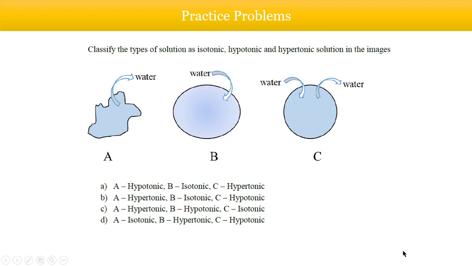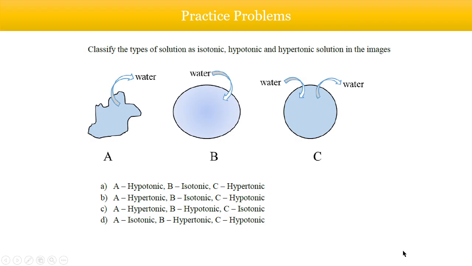So B is hypotonic. Isotonic is a solution with the same solute concentration as the cell's cytoplasm. So there is no net movement of water in or out of the cell, and the cell maintains its normal shape and condition. So that is option C, isotonic.